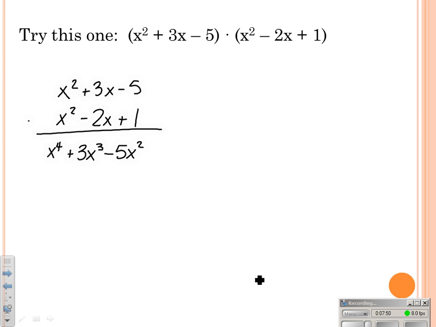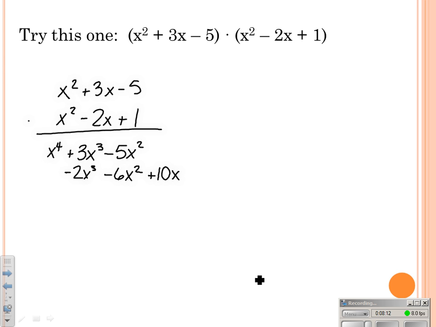As we take negative 2x times x squared, you're going to get negative 2x cubed. Negative 2x times 3x is negative 6x squared. And negative 2x times negative 5 is positive 10x. And now we have finished using the negative 2x term.